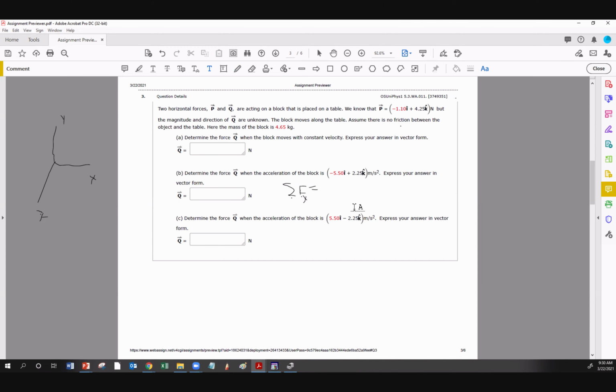So in the x direction, we have the x component of that force P, and I'm not going to be able to put the vector hats on them, so you'll just have to imagine that they have their vector hats. And the x component of that force Q. Does that make sense? Q is not the acceleration. Q is our unknown force.